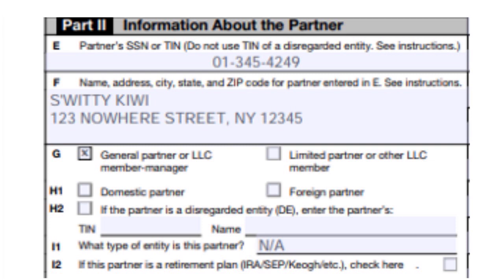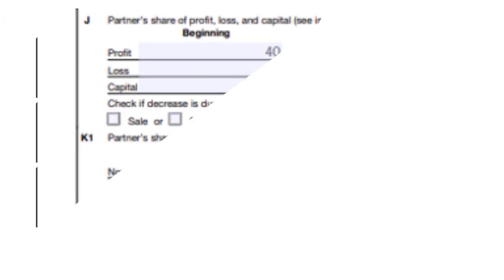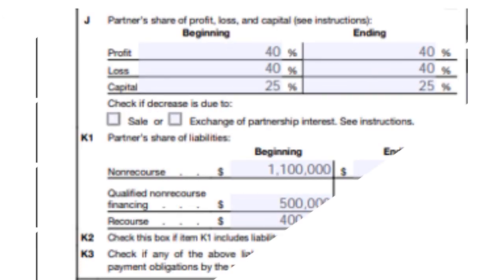Then you have to indicate whether this partner is a general partner, limited partner, or something else. So here we are choosing a general partner or LLC member manager. Then you have to put the profit and loss allocations that you have within the partnership.